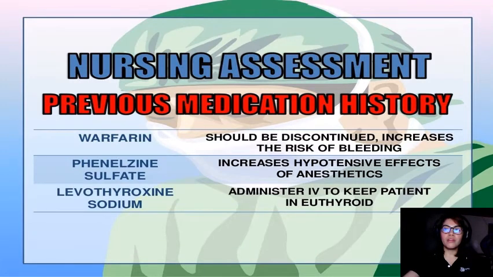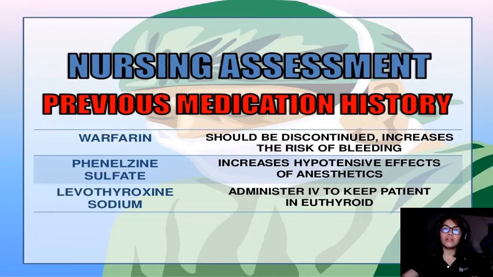And then warfarin should be discontinued because it has increased risk of bleeding. Then phenelzine sulfate increases hypotensive effects of anesthetics. And then we have levothyroxine sodium, administered IV to keep the patient euthyroid. When you say euthyroid, the thyroid function in their body is normal.